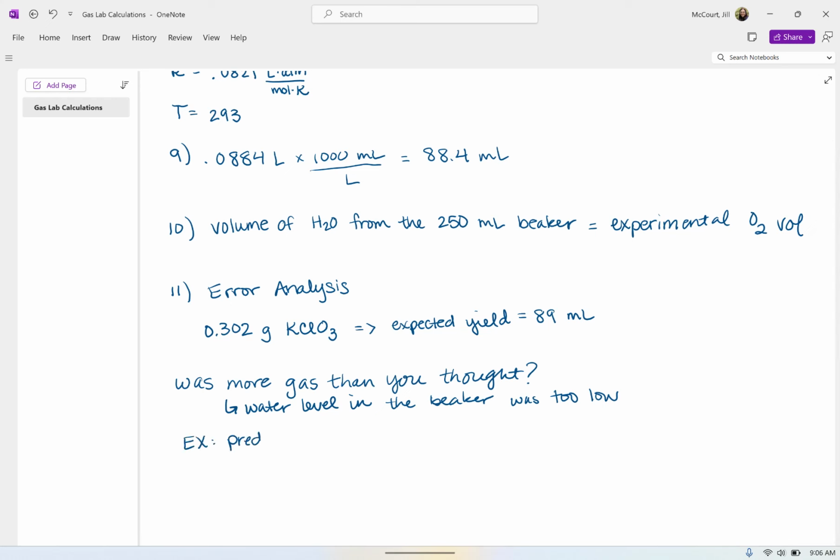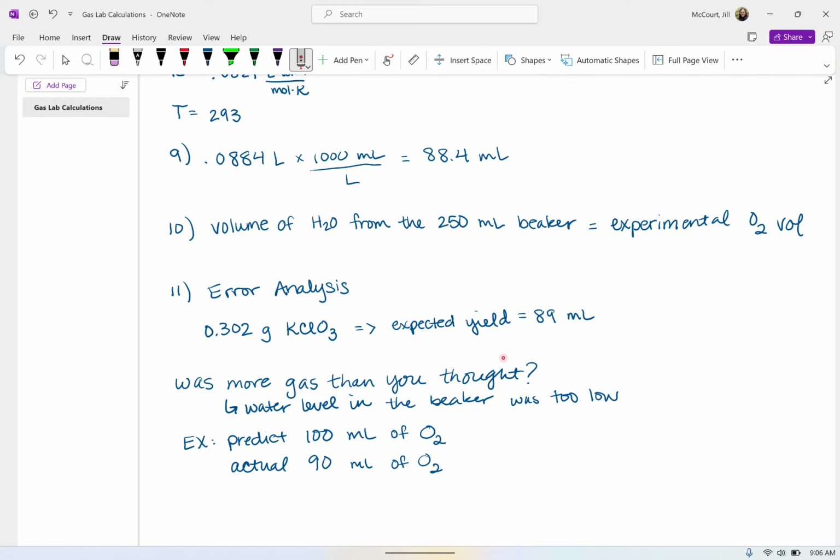We predict 100 milliliters of O2. And we measure it and we get 90. So that means that this would actually make sense.